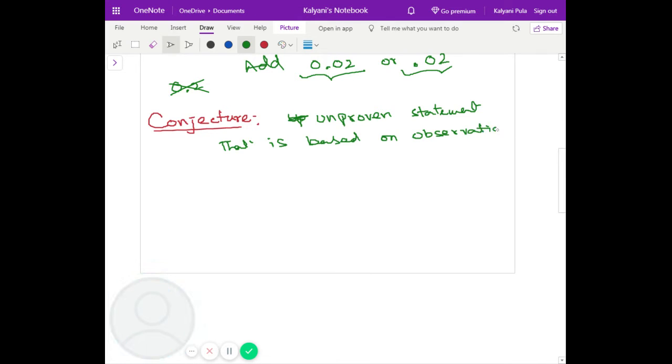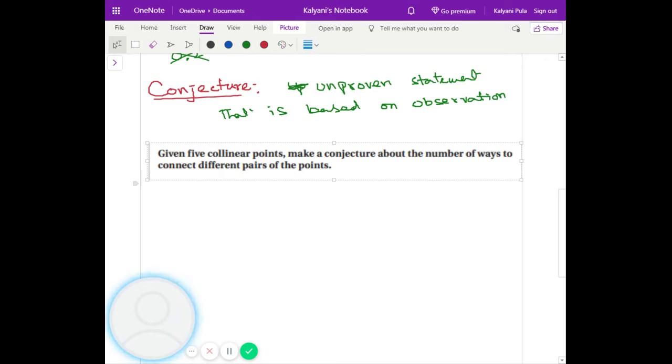Like you saw that one, but it's not proven. So that's called conjecture. That's just by observation, but we don't know if they really exist or not. So what we can use is inductive reasoning to make sense of these problems.